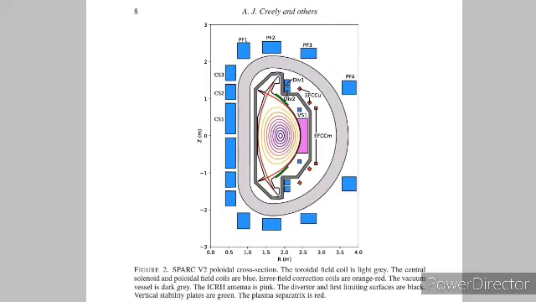The high volume-average fusion power density and tight radial build of SPARC means that volumetric neutron heating of various components is of particular importance. Though, as stated above, detailed engineering analysis is beyond the scope of the work presented here.